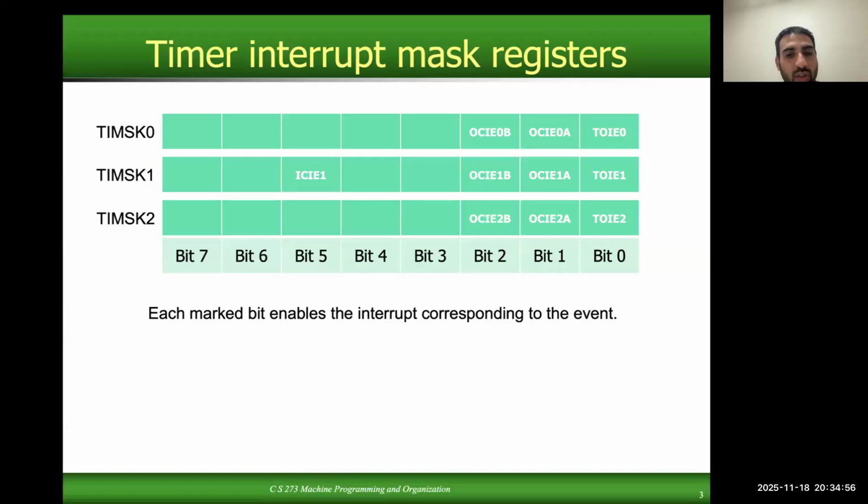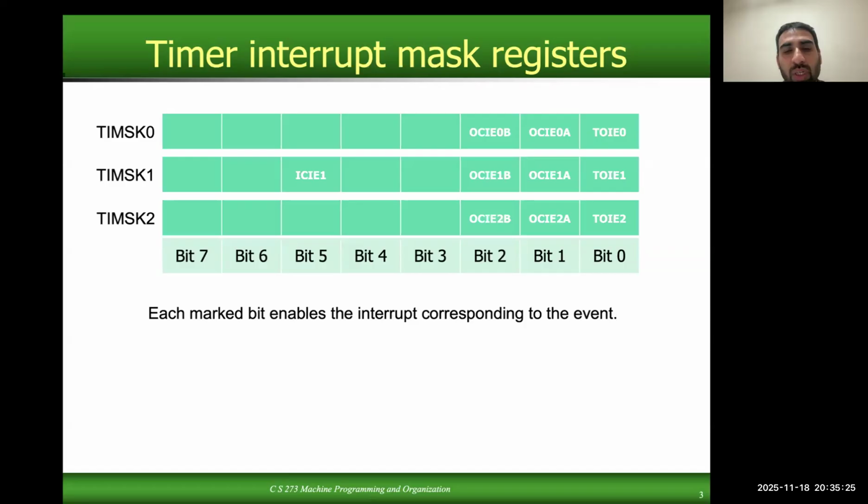So for example, when the overflow happens, instead of monitoring the overflow flag, we can tell our microcontroller, it's your job to monitor that. Okay, when the overflow flag is set, go and execute the interrupt service routine which corresponds to handling that event, right?